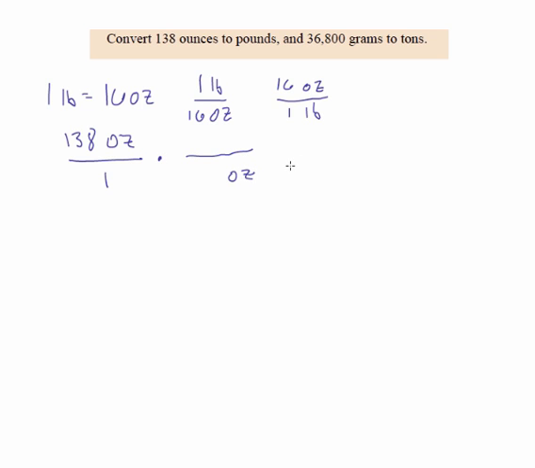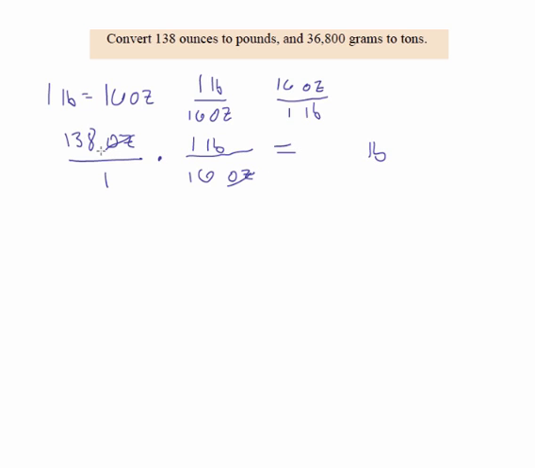So if we're going to get rid of ounces from the numerator, we need to have ounces in the denominator, which tells me that this is the conversion factor we want, the one that has 16 ounces in the denominator and 1 pound in the numerator. Now, the ounces are going to divide out in this calculation and leave behind pounds, which is what I wanted.